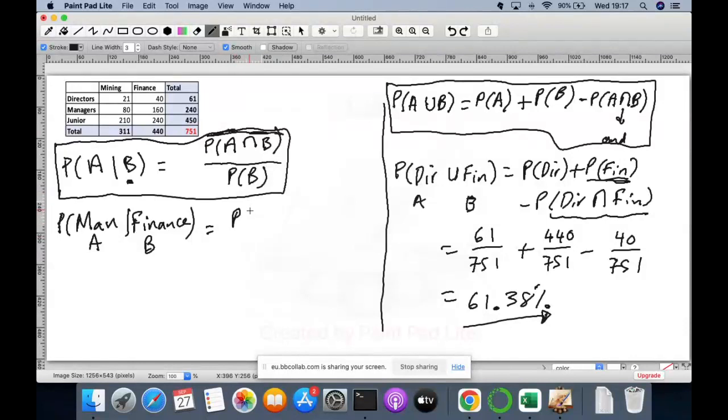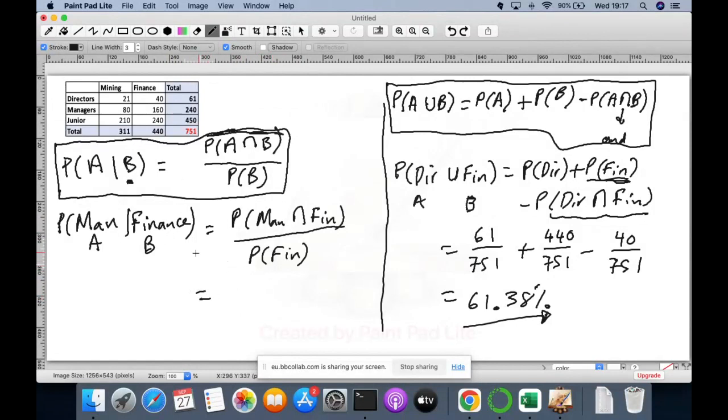Instead of A, we write probability of manager and finance, FIN, all divided by probability of finance, because finance is your B.